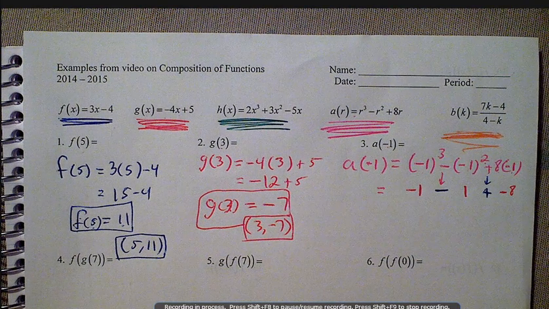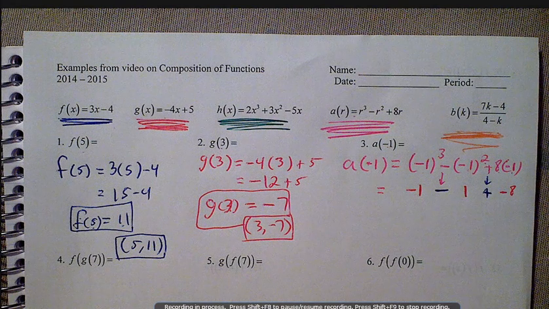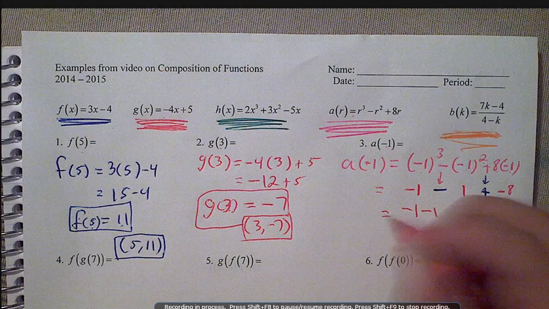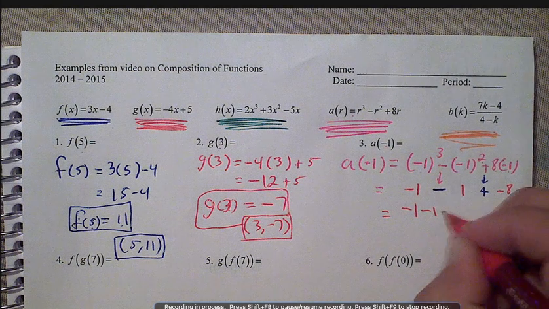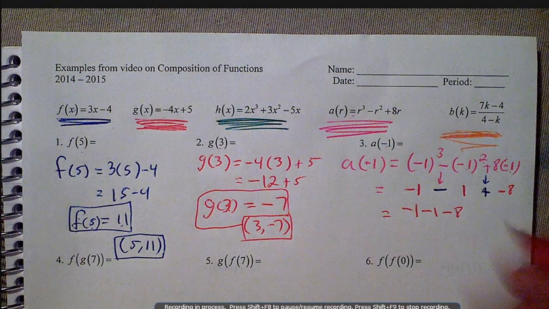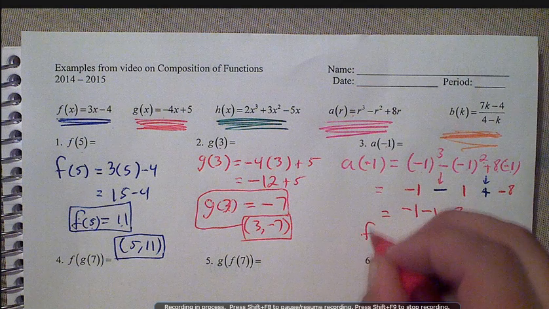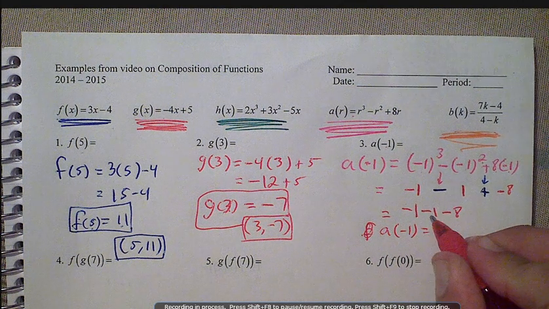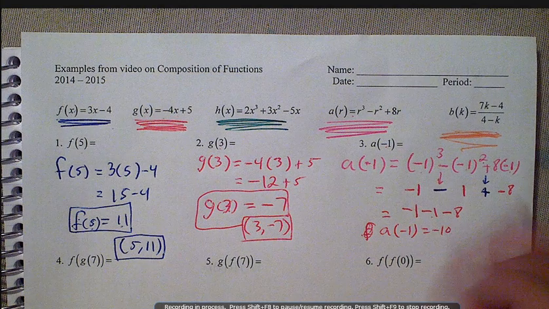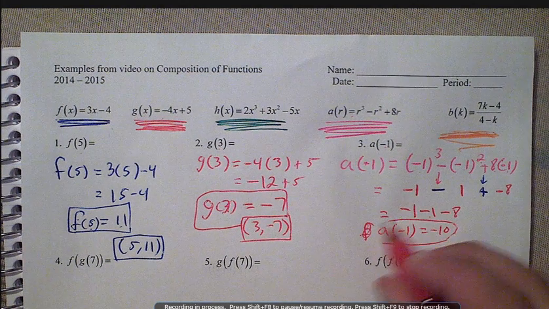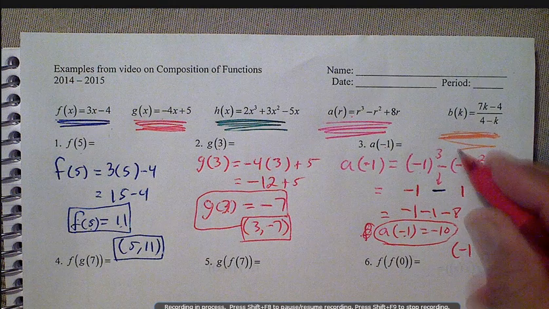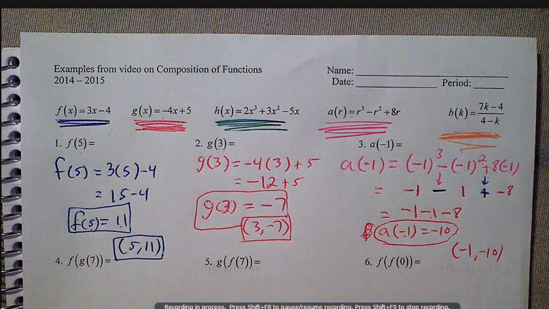So this becomes negative 1 minus 1 plus negative 8, which is the same thing as minus 8. So you have, a of negative 1 equals negative 1, negative 2, negative 10. So a coordinate, substitute negative 1 in for r, and you get negative 10 as a value, or y in this case.